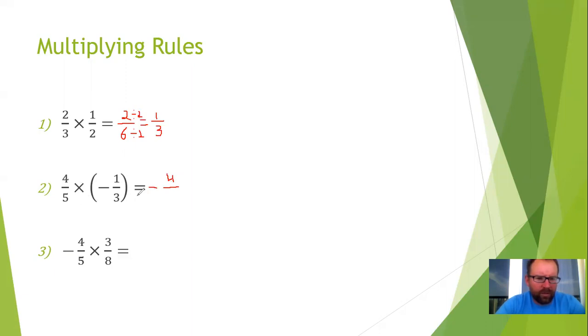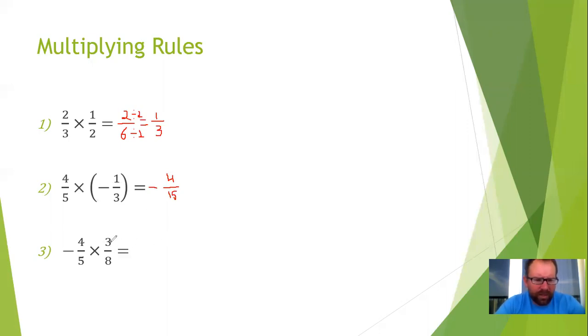And then 5 times 3 is going to be 15. Same deal, positive times a negative is a negative. We cannot reduce this any further, because 4 divided by 2 would give me 2, but 15 divided by 2 would not give me a whole number, it'd give me a decimal. So we cannot reduce it. That's our final answer.